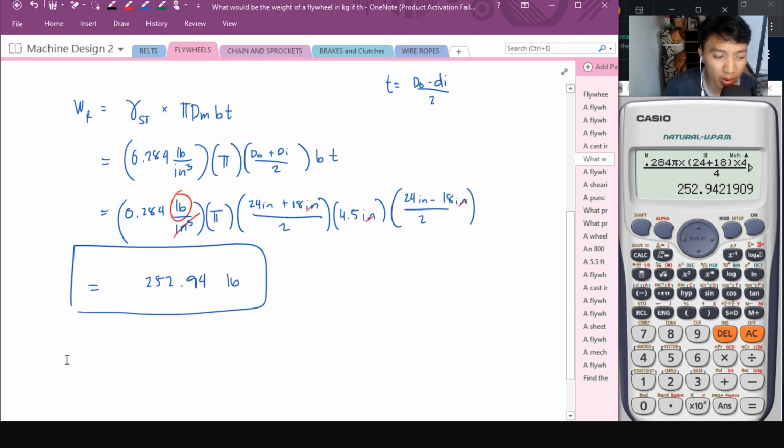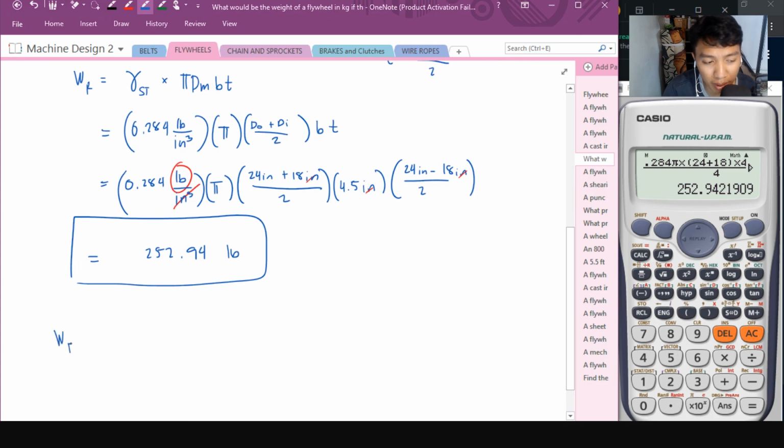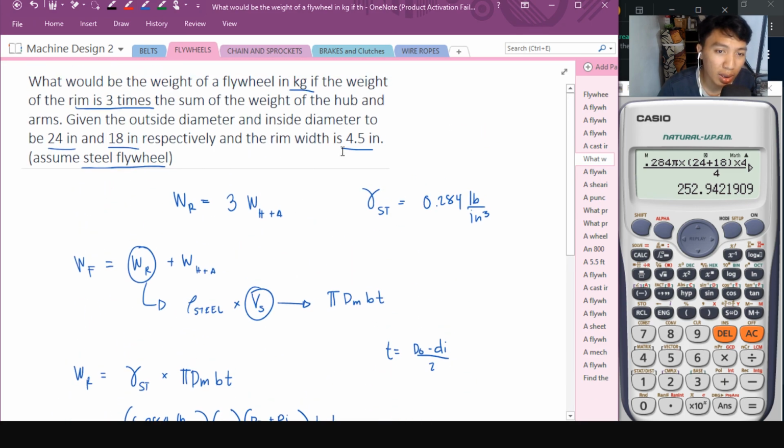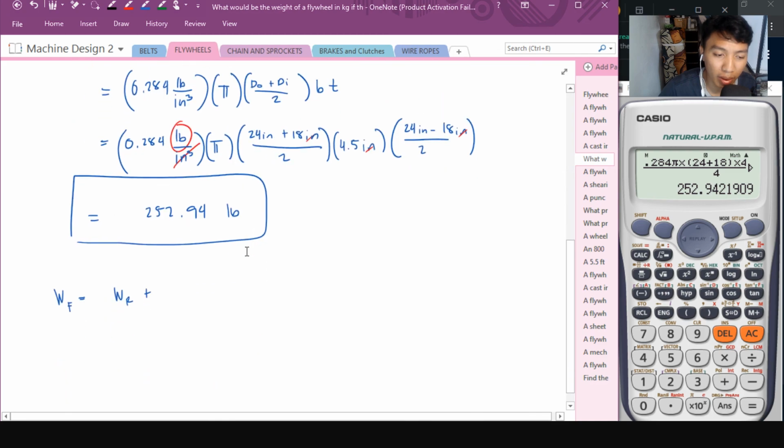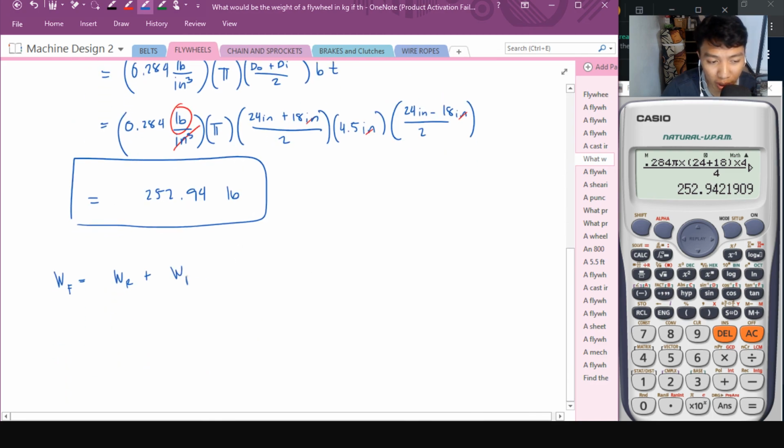How about the weight of the flywheel? The weight of the flywheel is equal to the weight of the rim plus the weight of the hub and arms. Since the weight of the rim is 3 times the weight of the hub and arms, the weight of the hub and arms is equal to 1/3 of the weight of the rim, so WR divided by 3.